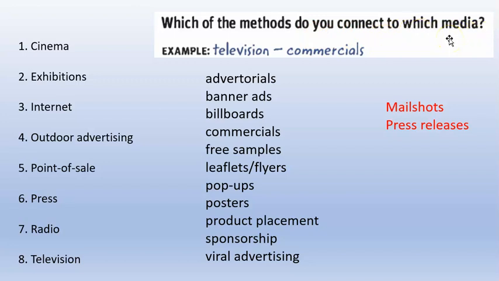Again, I will give you the answers, but first, write on a piece of paper 1 to 8 all the different categories of media and think which of these you associate with these media. Okay, you can use the same one more than once.